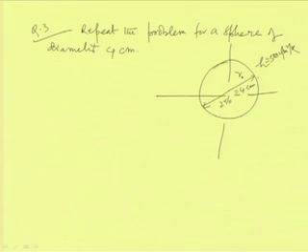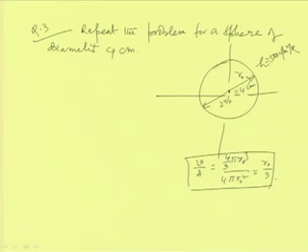Now V by A becomes 4/3 pi r naught cube by 4 pi r naught square, which says that V by A is equal to r naught by 3. This is an interesting difference from the previous case, that the V by A value is different.